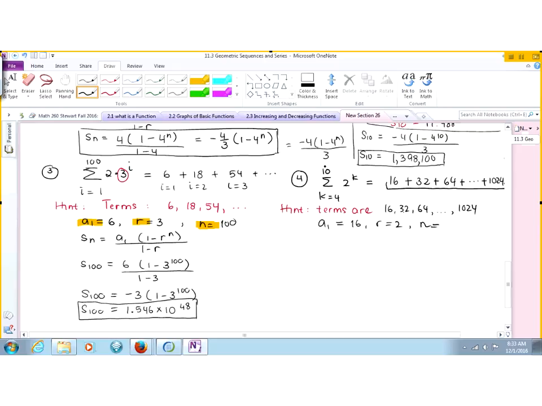From 4 to 10, what is n? Is it 6? Counting 4, 5, 6, 7, 8, 9, 10, it is 7. So you have to add 1. From 4 to 10 is not 6, but 10 minus 4 plus 1, which is 7.